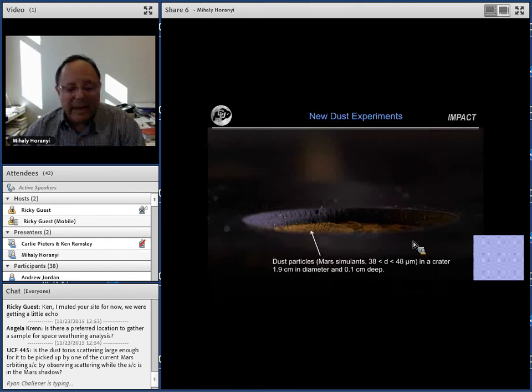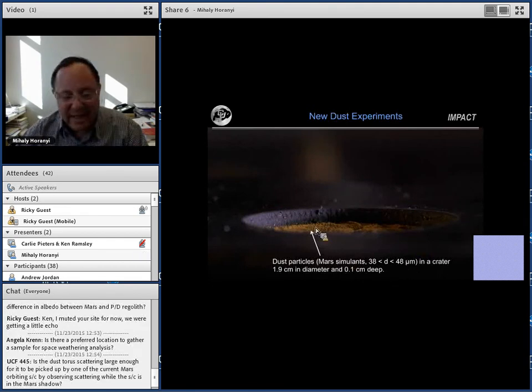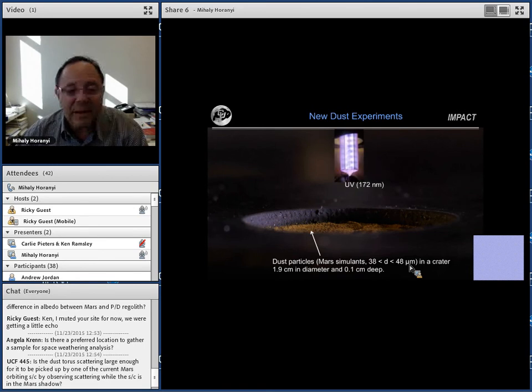And then we try to show, and this is our latest experiment. These are actually sieved particles, 38 to 48 micron diameter particles in a crater that we filled with dust, and then we exposed it to UV radiation, and then we exposed it to flowing plasmas, and then we exposed them combined.